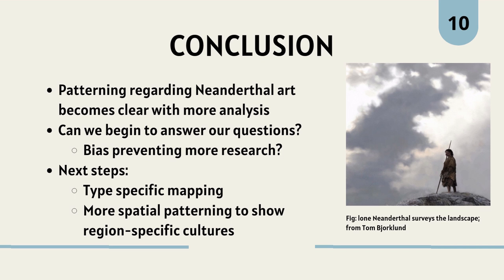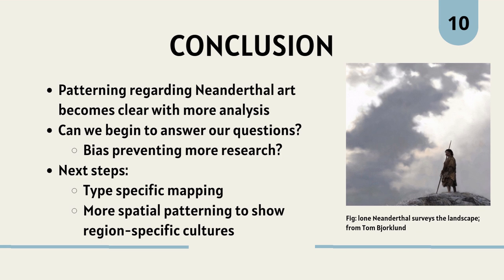In conclusion, patterning regarding Neanderthal art becomes clear with more analysis. With this preliminary research, we can begin to answer my previously asked questions. Temporal and art type patterns have already become clear, and with more research, more patterns can absolutely also appear that could inform us much about Neanderthal culture.